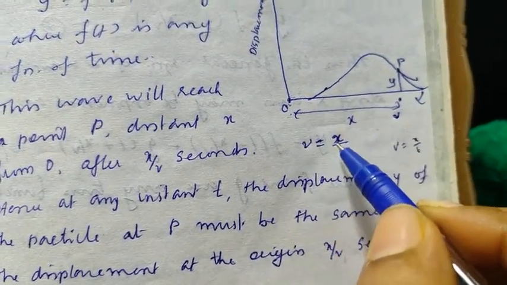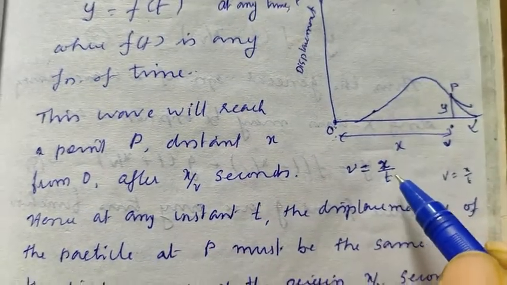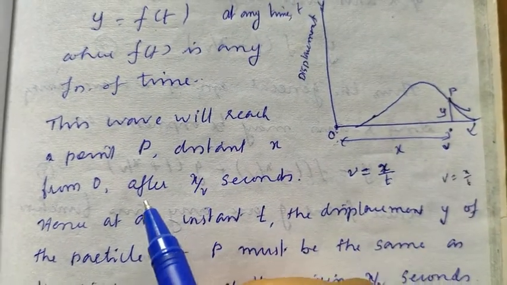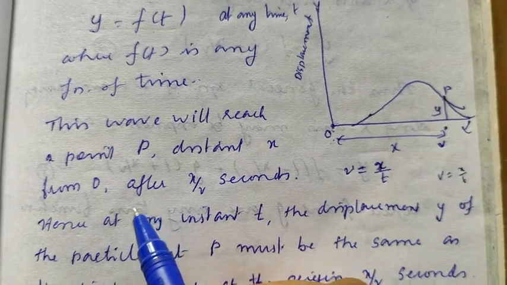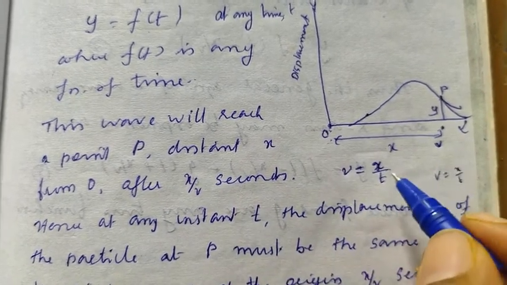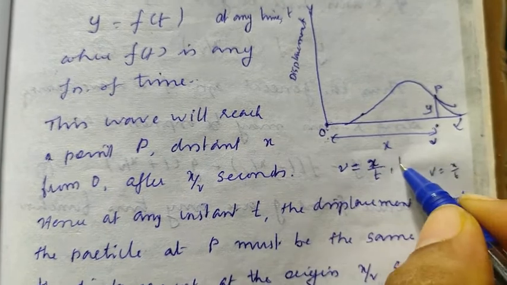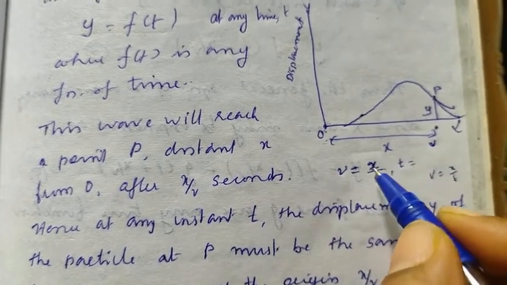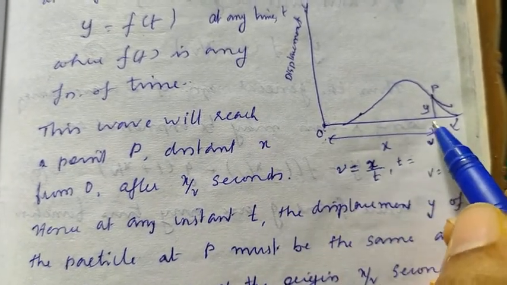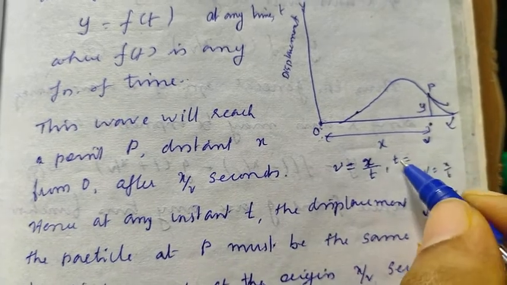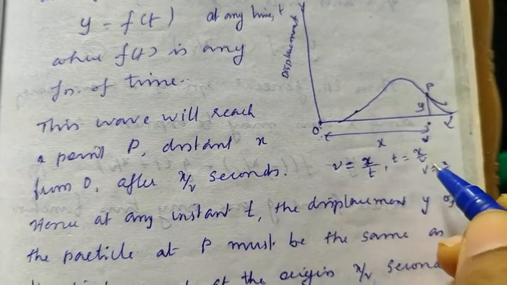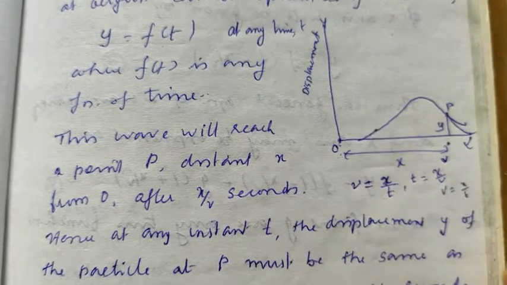So the time taken by the wave to travel from the source to the point P can be represented as t equal to x by v.